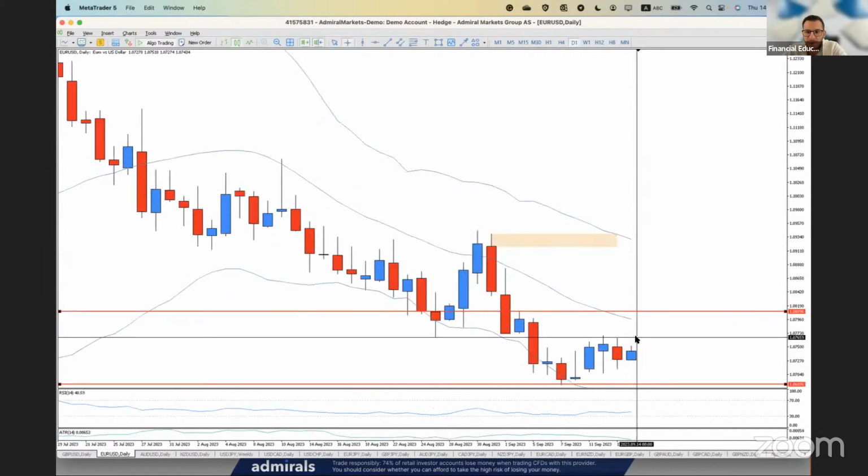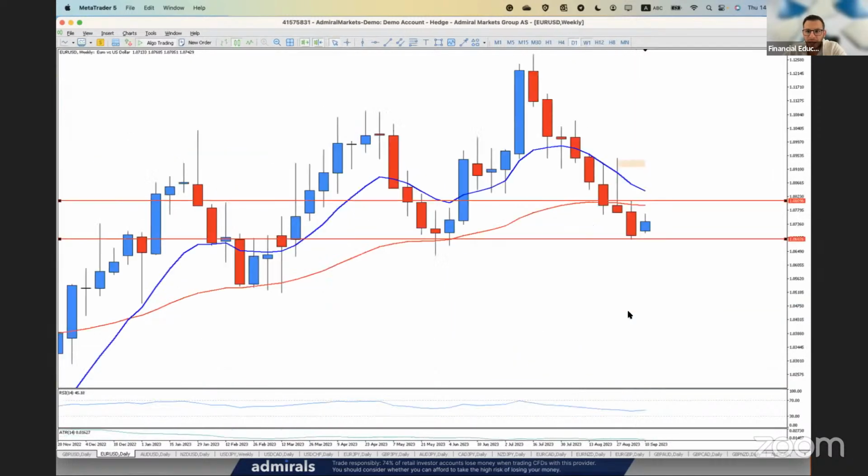I'm talking about the range of the weekly chart. It's 1.0809, 1.06, though it's 200 pips or 100, whatever is here, 130, sorry. So these are the boundaries.